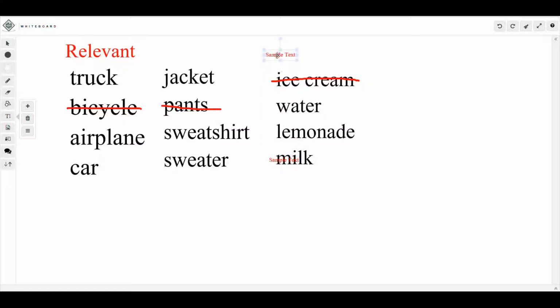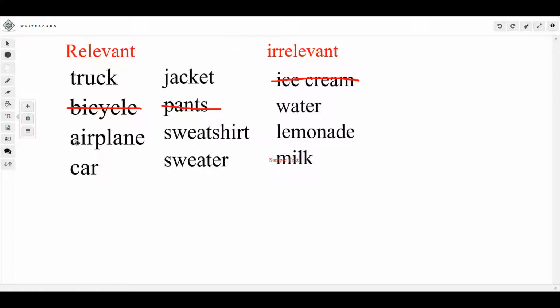Let me put another word up here. You know what this word says? Relevant. This says irrelevant. Do you happen to know what these mean?